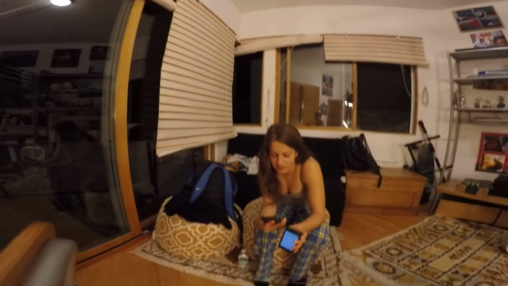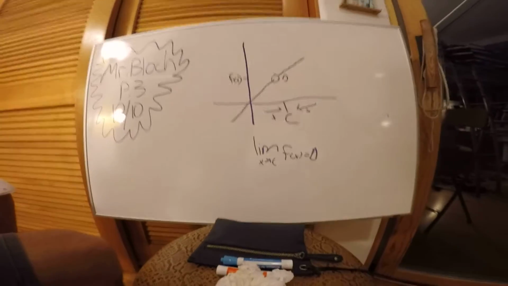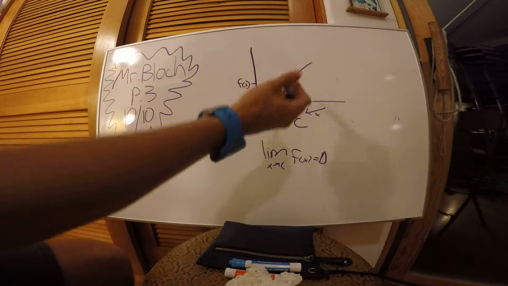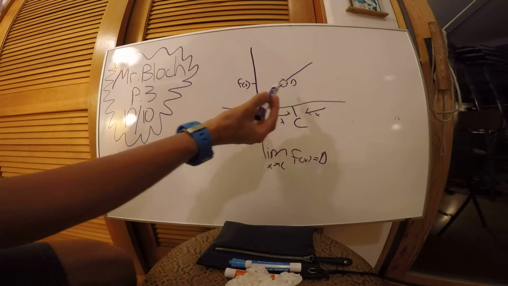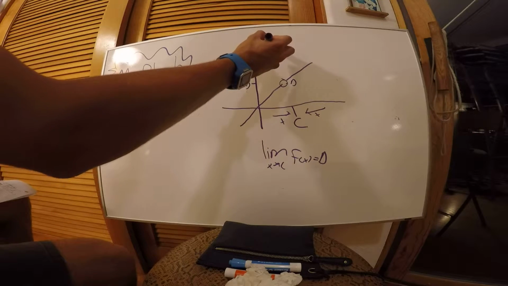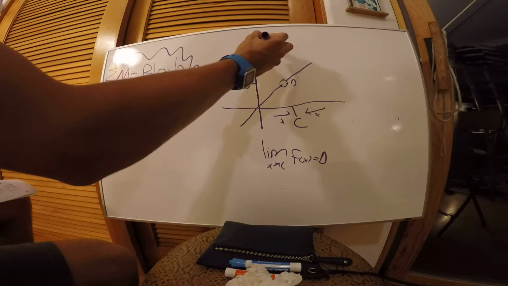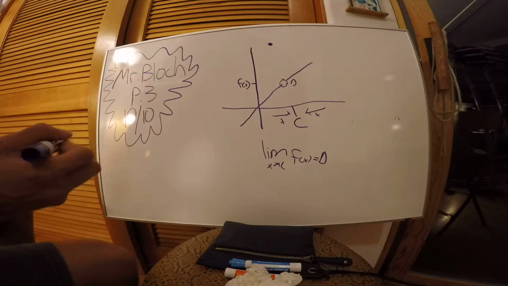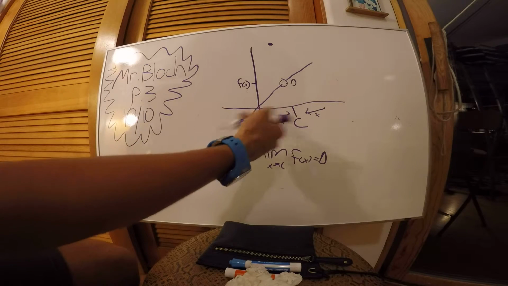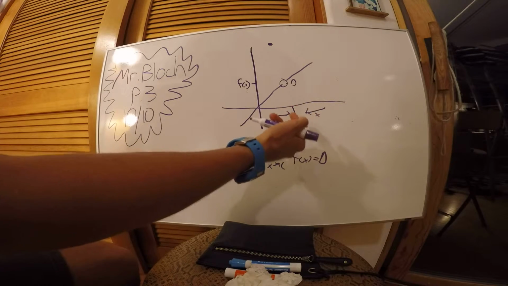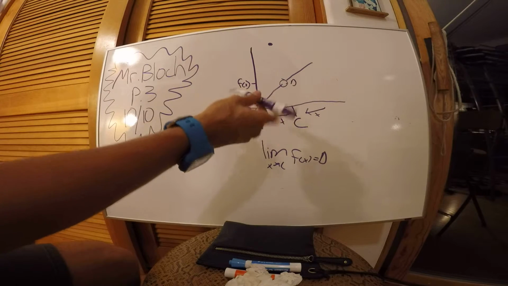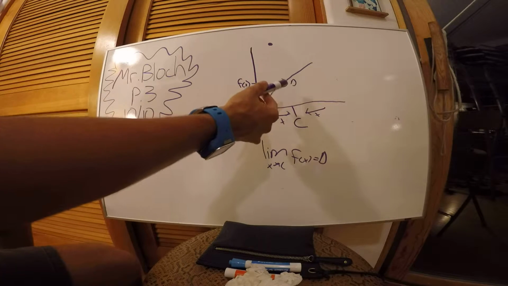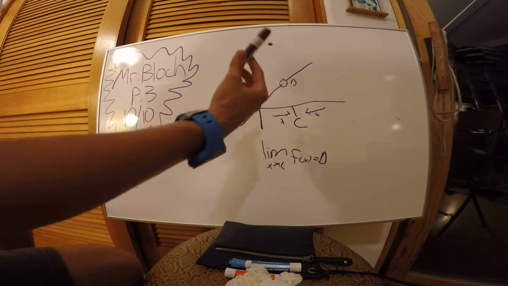What if there's a non-existent point and an existent point at c? Great question. So if there is a non-existent point and there's an existent point, let's say f of x equals 2, the limit would still take place where x from the left side and x from the right side is going to the point. So even though there is a hole at d, that is exactly where the limit would be.